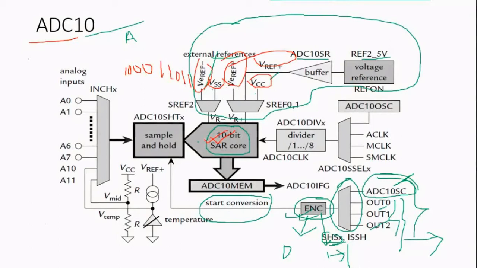If you want to select V reference minus or VSS, you have to use the SREF2 bit. If you want to use V reference plus or VCC, you are bound to use the SREF 0 or 1 modules. In this way we can select any one voltage, and for that corresponding voltage you get one digital value.